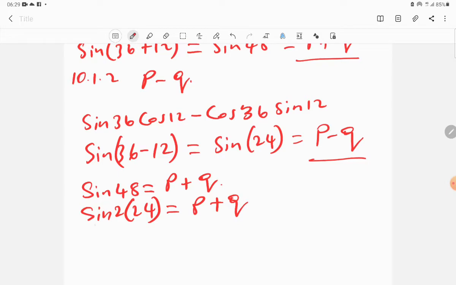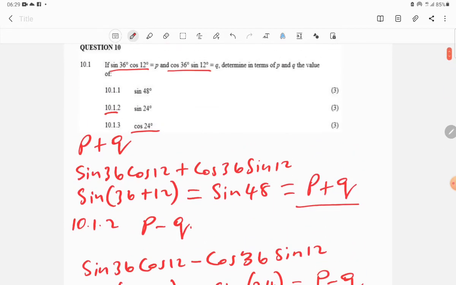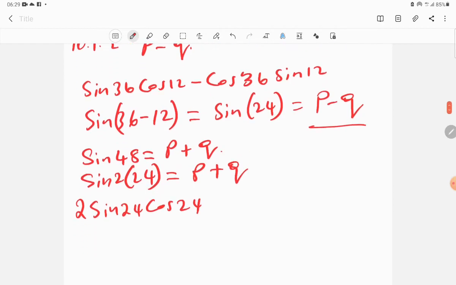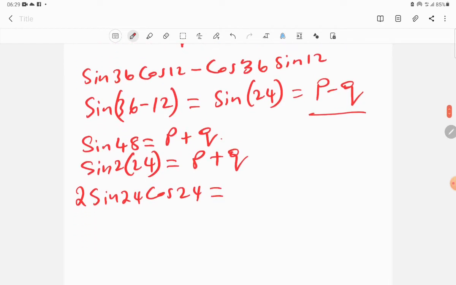Now, when you are expanding this, the double angle of sine is the same as 2 sine 24 cos 24. Really, we wanted to have something to do with 24 and cos. This is what we have, and this is the same as P plus Q. Now, we are really looking for cos 24.